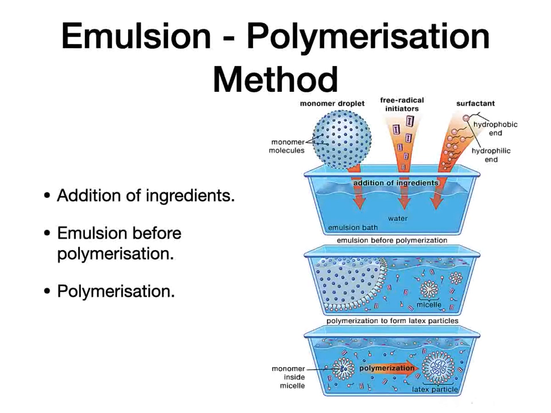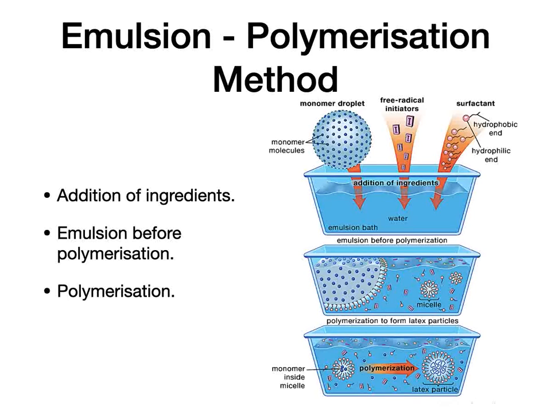Emulsion polymerization method. Monomer molecules and free radical initiators are added to a water based emulsion bath, along with soap-like materials known as surfactants, or surface acting agents.